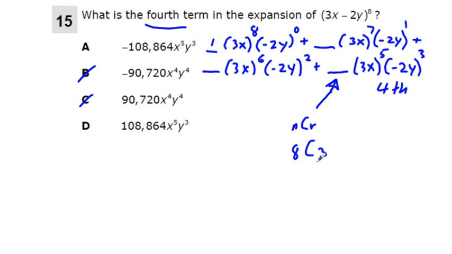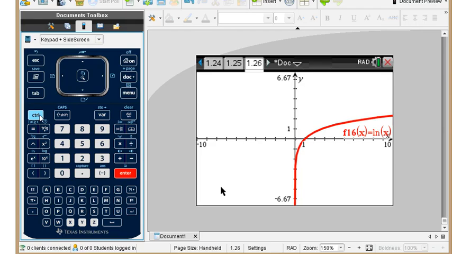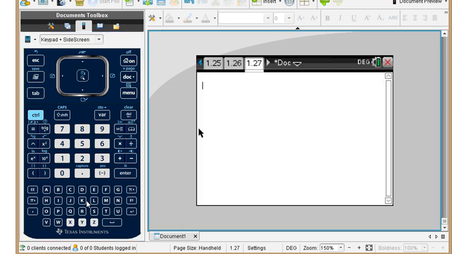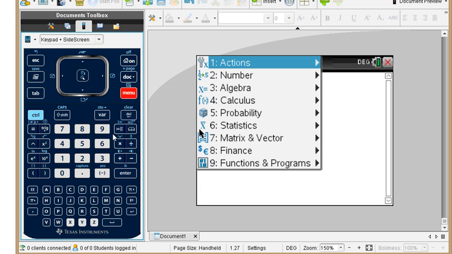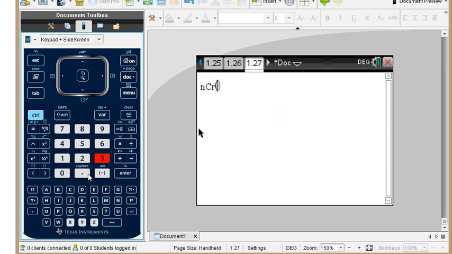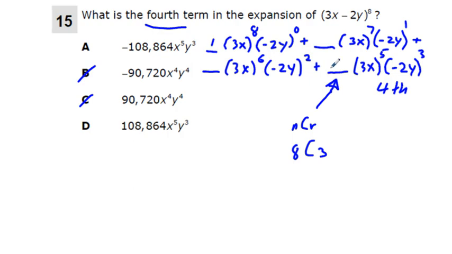And so if we just plug in NCR on our calculator, we go to Control I, and we go to our menu, probability, combinations. We're going to go to 8, 3, and we're going to get 56. So 56 is the number that goes here.